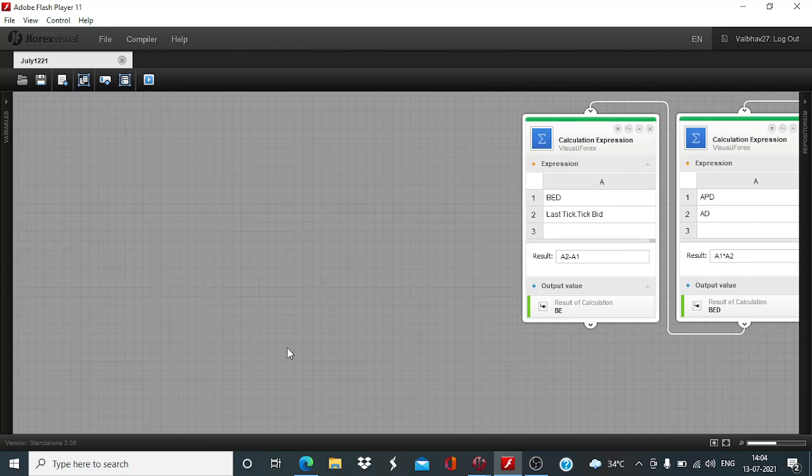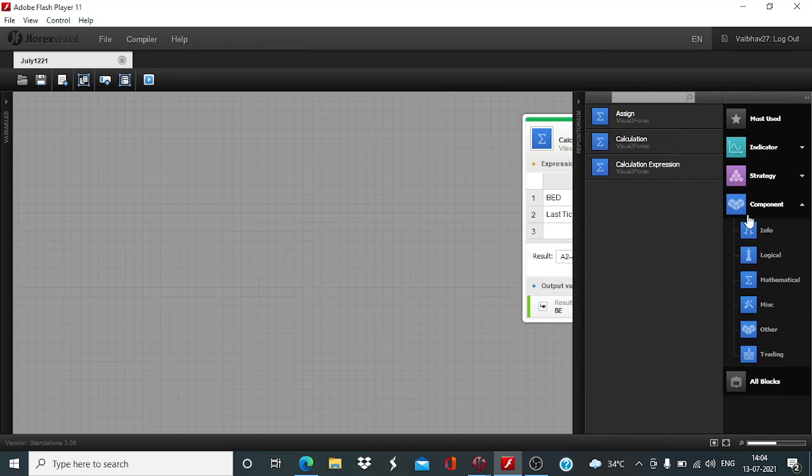Now we will start with the conditions. For that, we will have to take logical blocks.